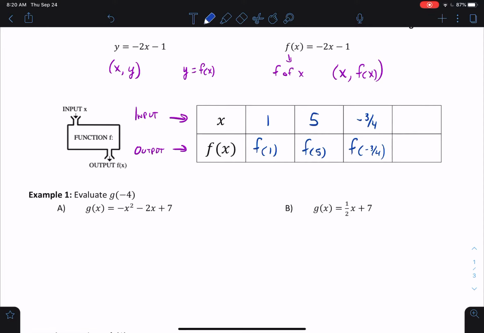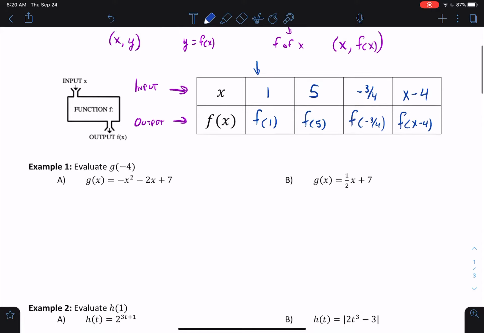And in some later problems, we can evaluate expressions as well. If x is x minus 4, f of x will be f of x minus 4. So in this example, I'm plugging in 1, and f of 1 represents my output. So how is this going to work in these problems?